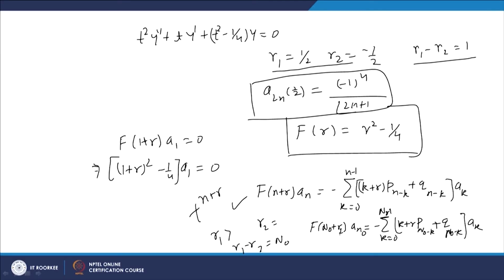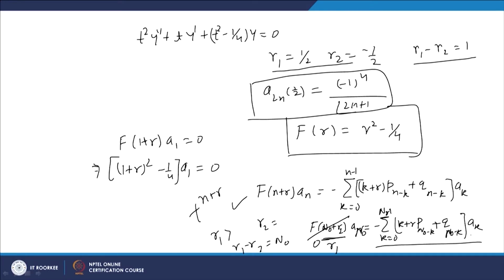Now, here we already know that n naught plus r2 is r1, and r1 is a root of this polynomial f(r). So, the left side is going to be 0 times a_{n naught} equal to this quantity.